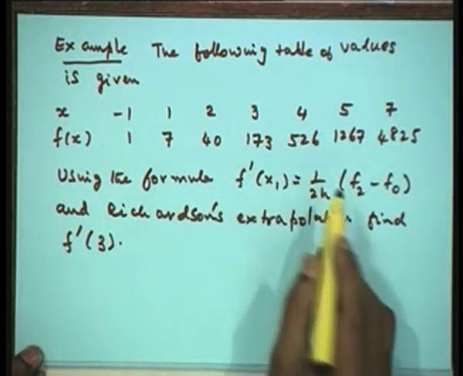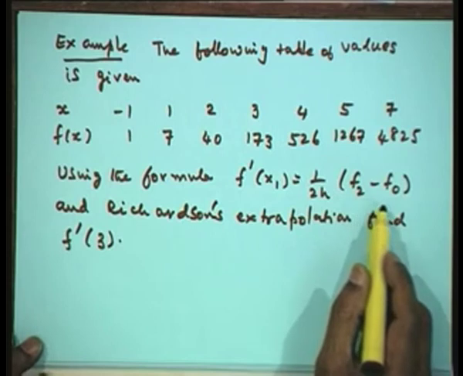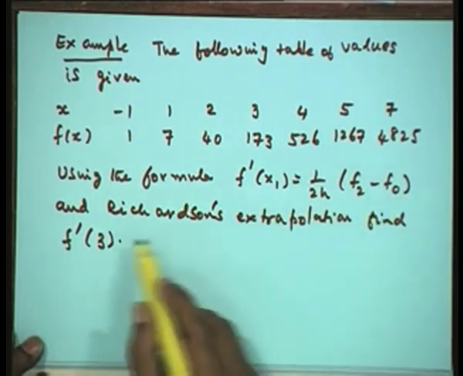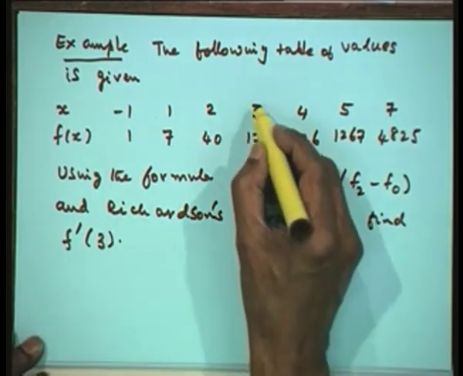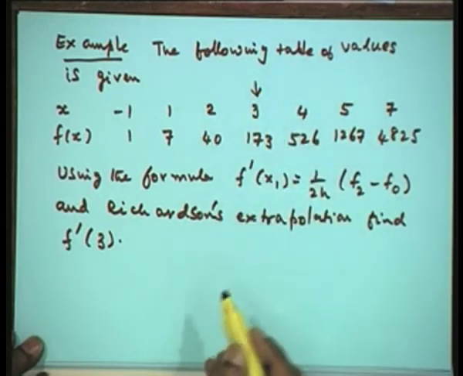We are given 7 values in the table and we are using the central difference approximation and the Richardson extrapolation to find the derivative at the point 3.